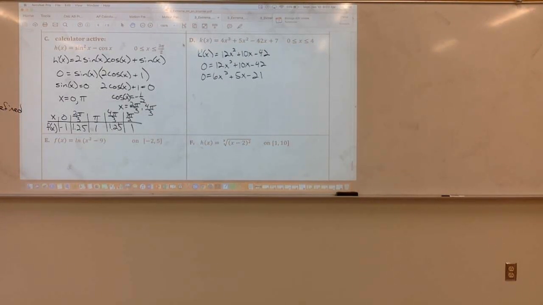No, there could be only two. I mean, it could be possible there are no critical points and you would only test the endpoints. That's possible. Oh, that makes sense.